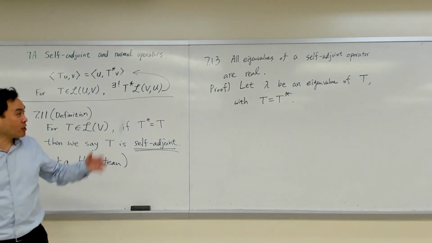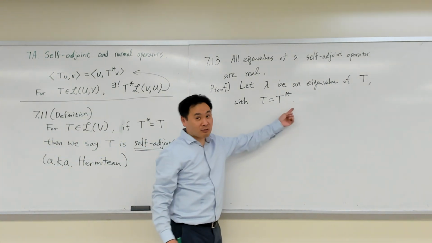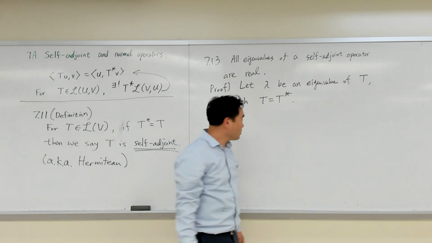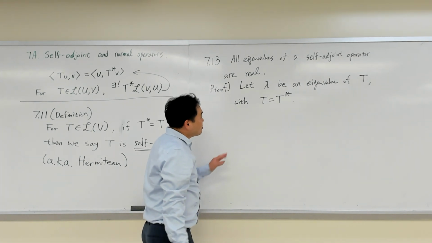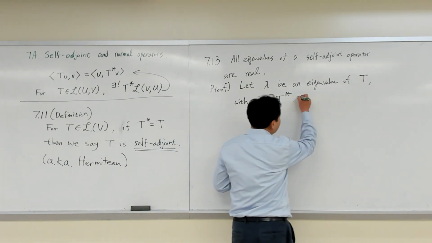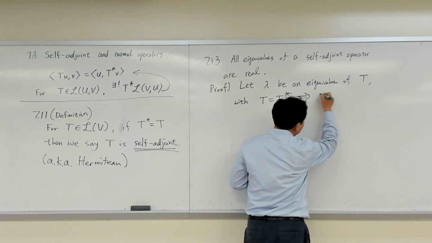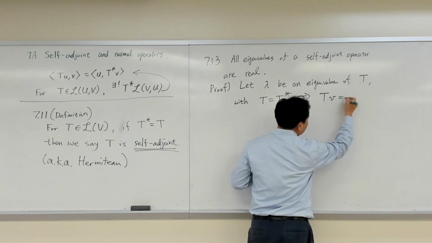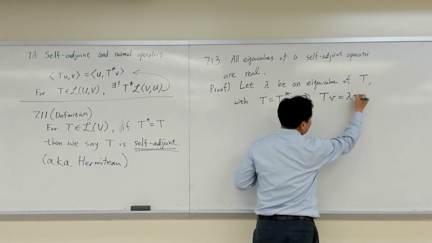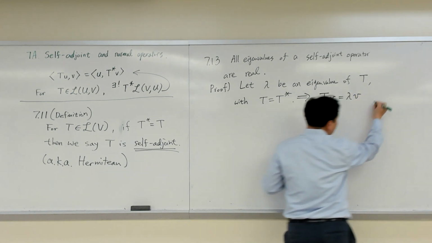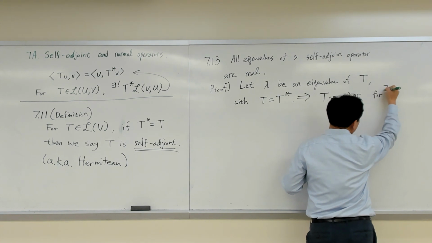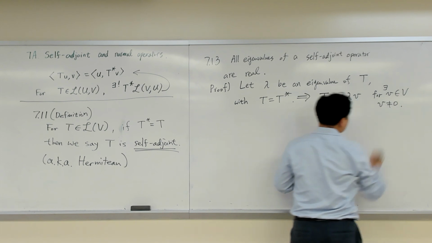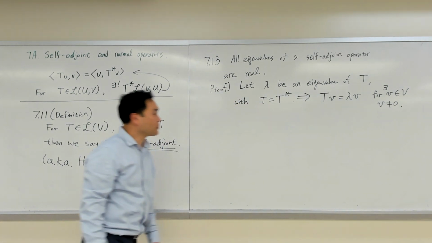So you have T is self-adjoint, this is what it means, and lambda be an eigenvalue of T. Now, what does it mean to be an eigenvalue? Eigenvalue, by definition, it means that you have a non-zero vector v where Tv is equal to lambda v for some v in V, and v is non-zero. That's what it means. Okay?